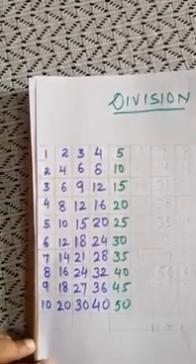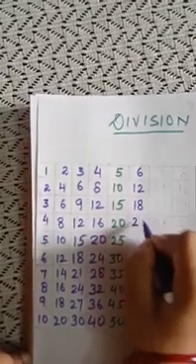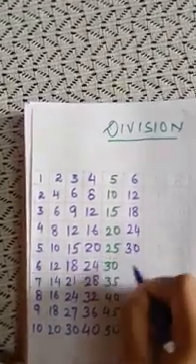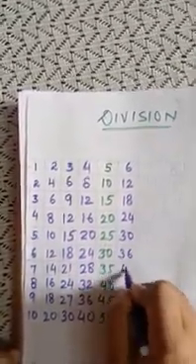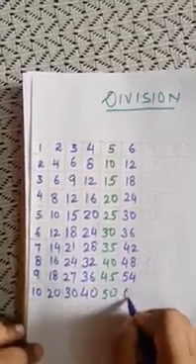Right? Now come to table number 6: 6, 12, 18, 24, 30, 36, 42, 48, 54, 60.